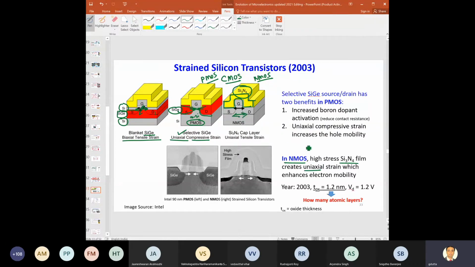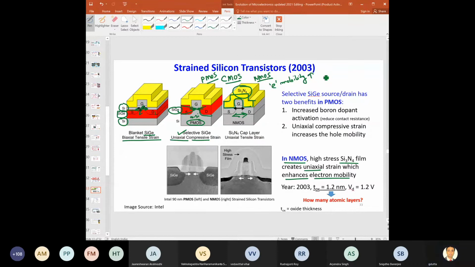And how does it help? It enhances the electron mobility. You got my point? So when you deposit the high stress silicon nitride and create this tensile strain for NMOS, electron mobility increases, right?